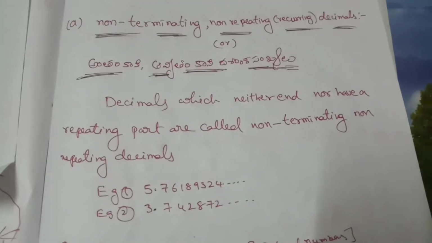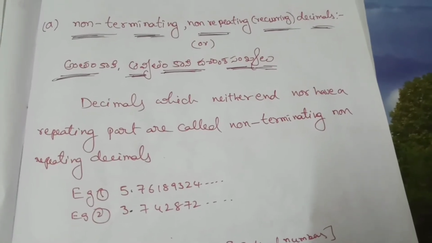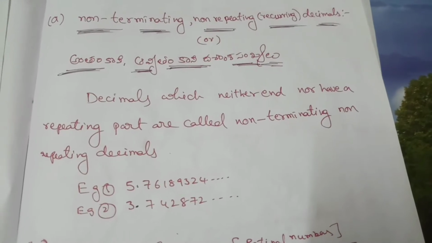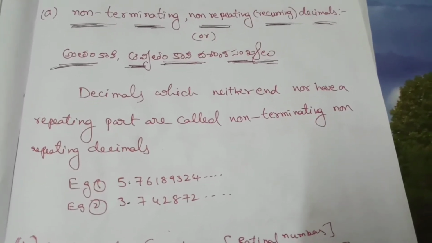For example, I am taking example 1, 5.76189324 and so on, 3.742872 and so on.